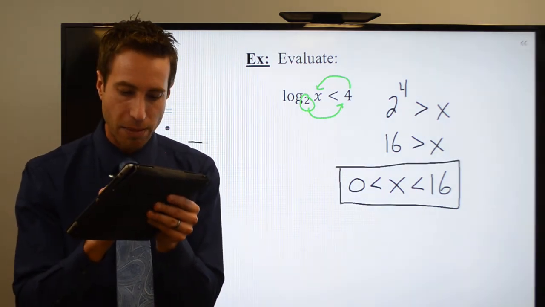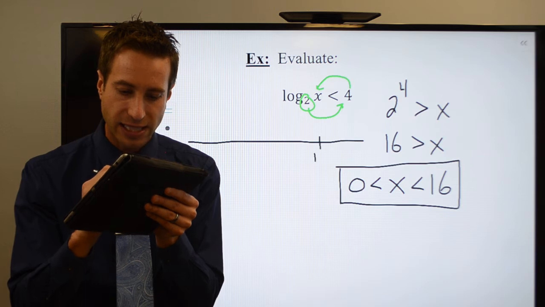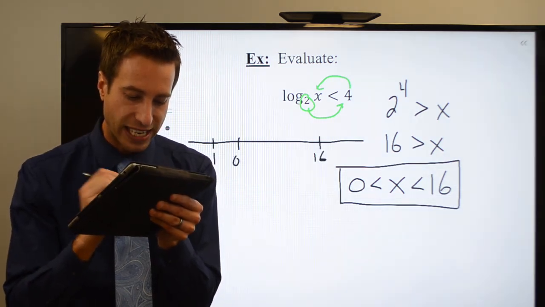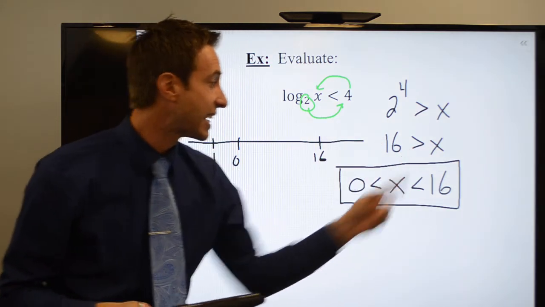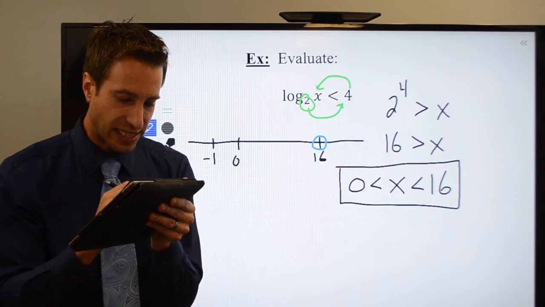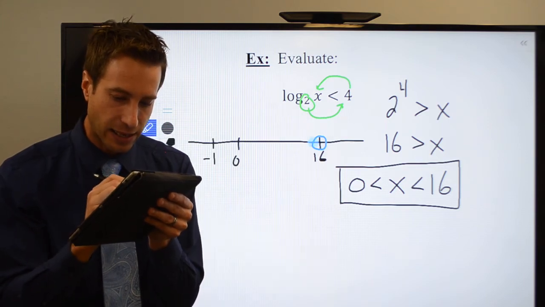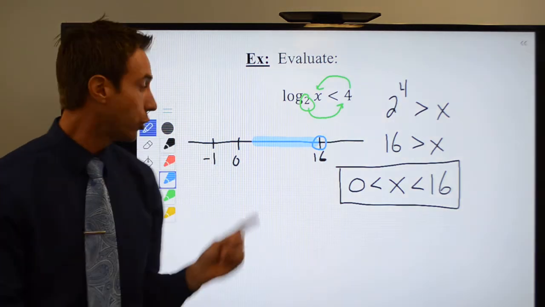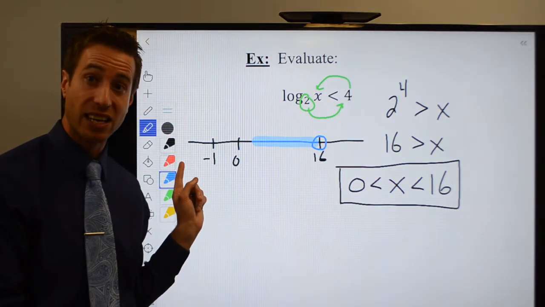If I were to draw the number line here real quick, I've got 16 over here, I've got 0, and my negative numbers over here. What this guy is saying is I need everything strictly less than 16. Everything less than 16, which would include 0 and negative numbers.